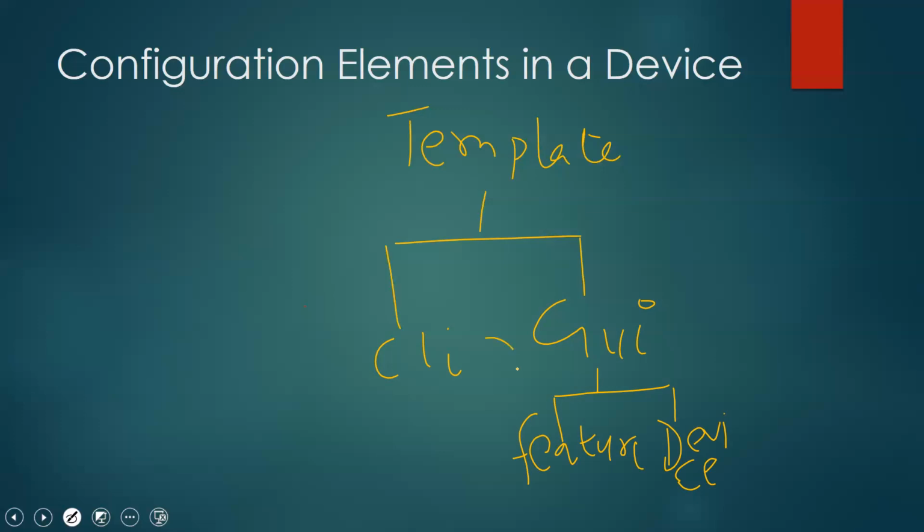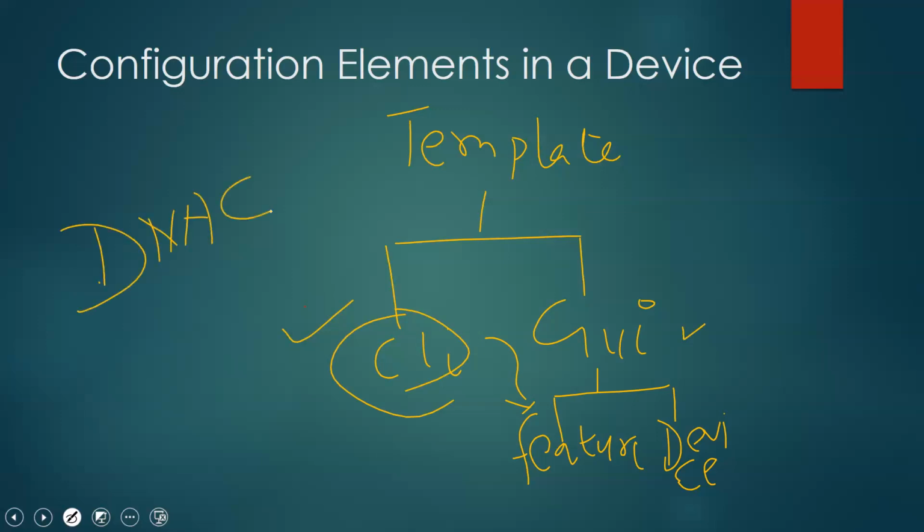We are going to focus on the feature template, although I'll explain the CLI template as well. So let's do it like this: we are going to learn both the CLI template and the GUI-based template. Now, if you work on Cisco DNA, at the moment in their operating system they have options only for the CLI type of template, meaning you can't create the GUI type of template.